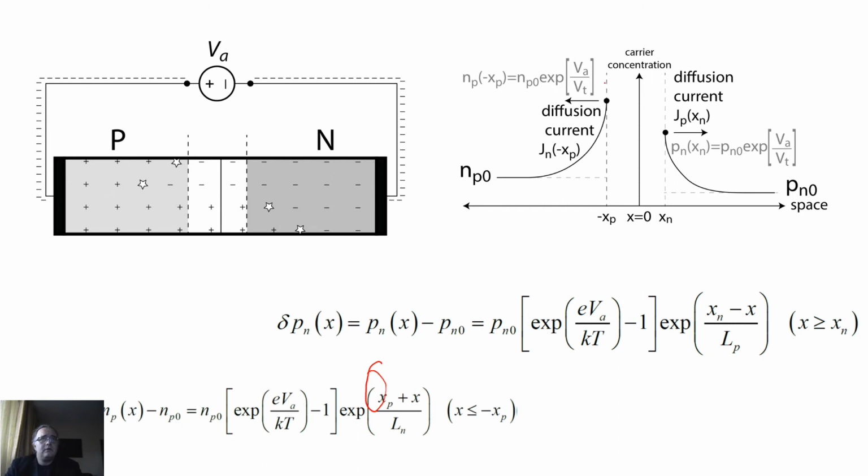So if you look at exactly the edge of the space charge region, this here is the concentration of minority carriers, electrons. So at this point, the only current that we have is actually the diffusion current. Why? Because the electric field here, the direction is actually zero.